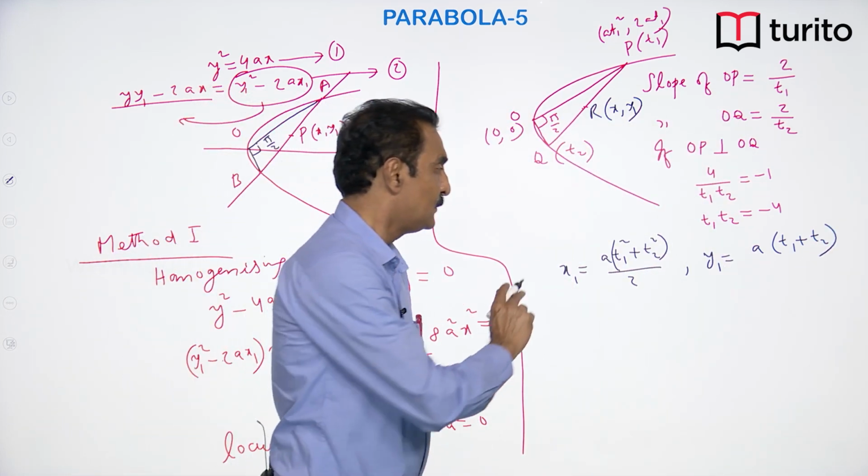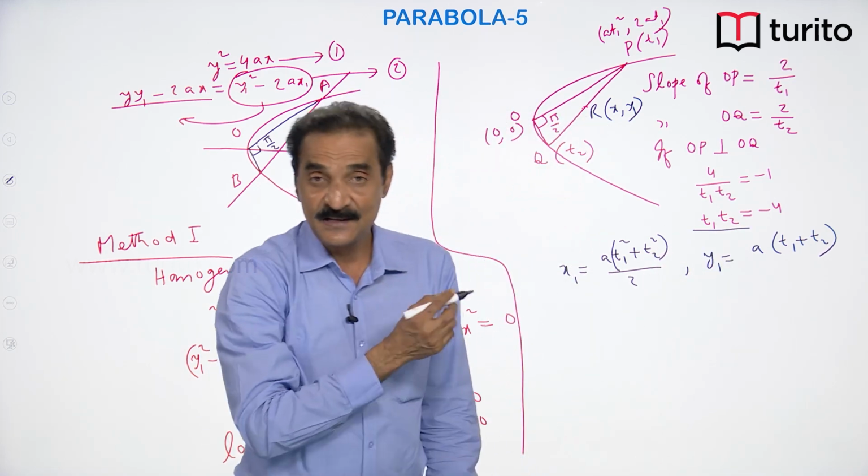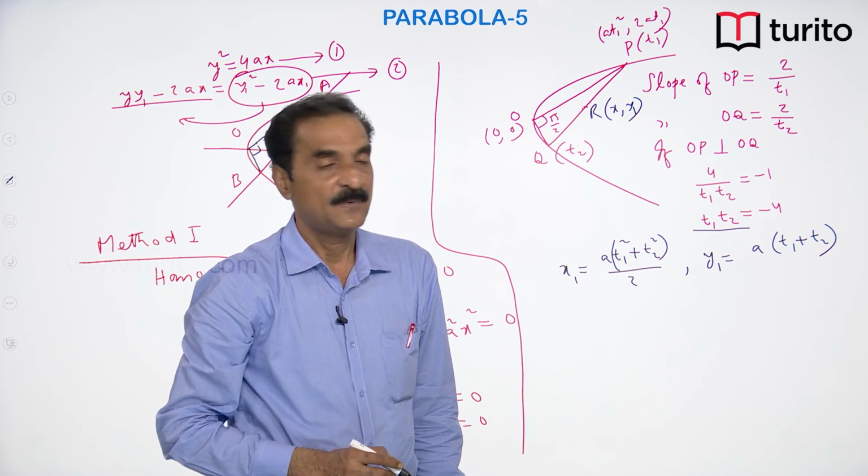Now, we have to eliminate T1 and T2 using this condition and get the direct relation between x1 and y1.